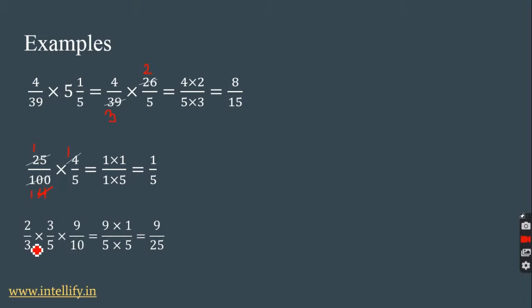You can reduce 9 by this 3 but not this one. Well, instead of that, let's cancel these two 3's out, because calculation will be much easier here. 2 and 10 also gets reduced. 2 into 5 is 10. So we have 9 into 1 and 5 into 5. That is 9 by 25.